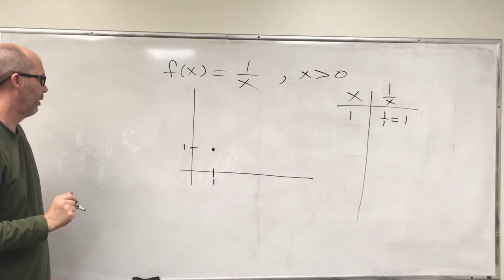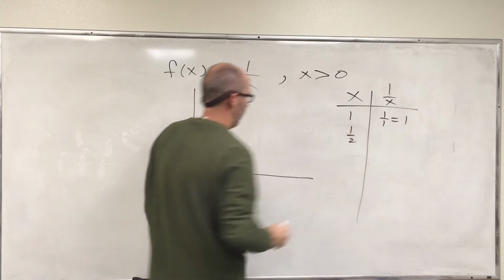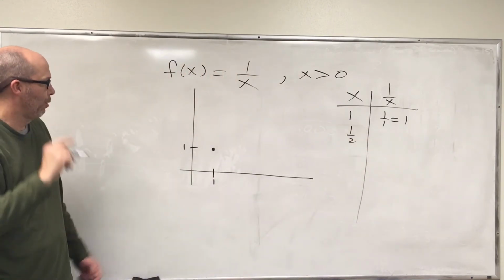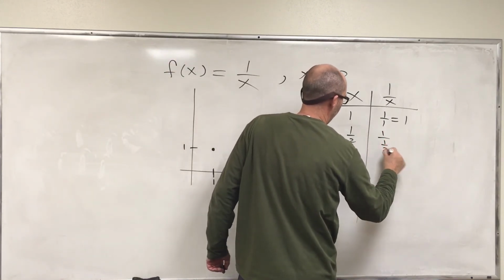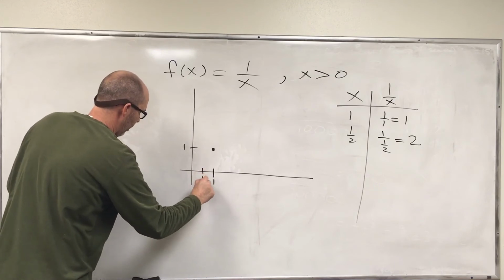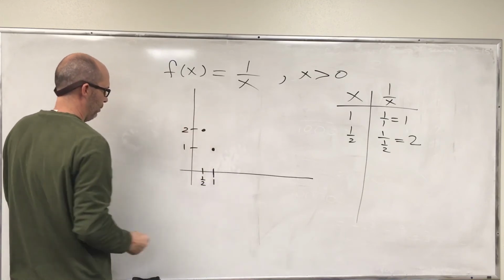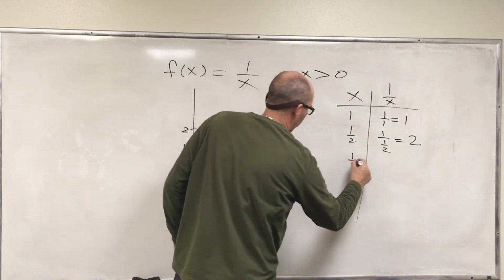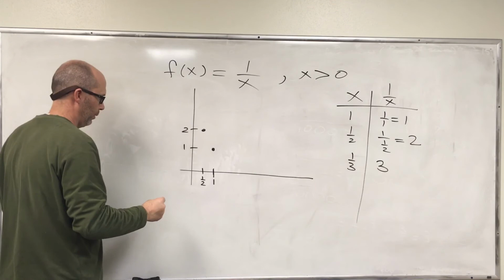Okay, we got that point there. So what happens at a half? By the flip up rule, this is 1 over a half, which is 2. So at a half, you go up to 2. At a third, you go up to 3.